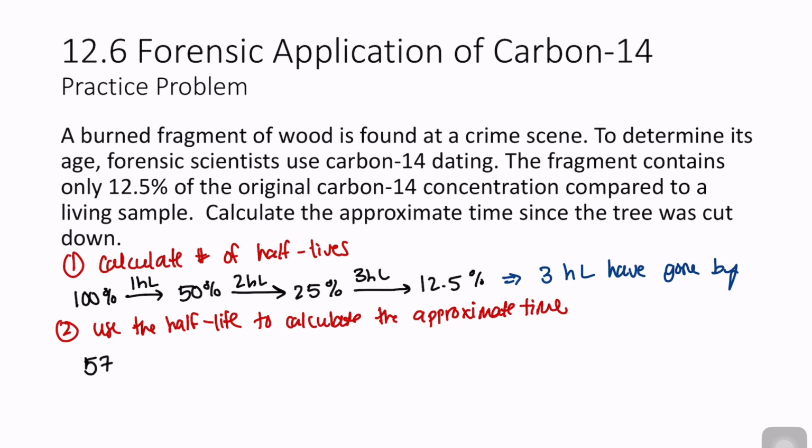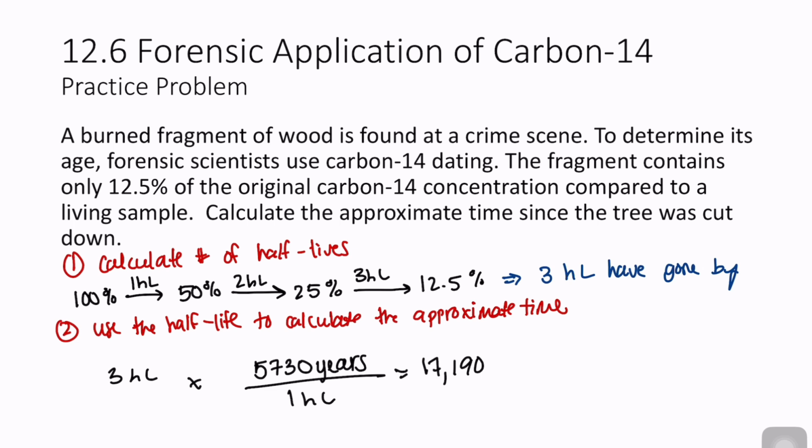The half-life is 5,730 years in one half-life. And I know that three half-lives have gone by. So I can plug this into my calculator. 5,730 times 3 is equal to 17,190 years. Man, that is one old piece of wood.